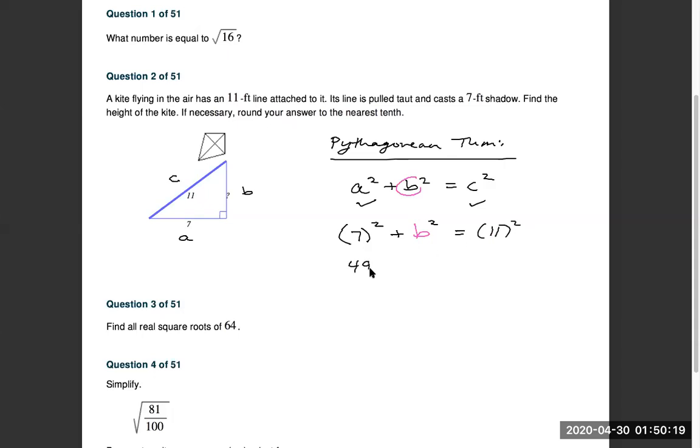It's going to be 49 plus B squared, equal to 121. So then we're going to subtract 49 from both sides. We have B squared equals 72.